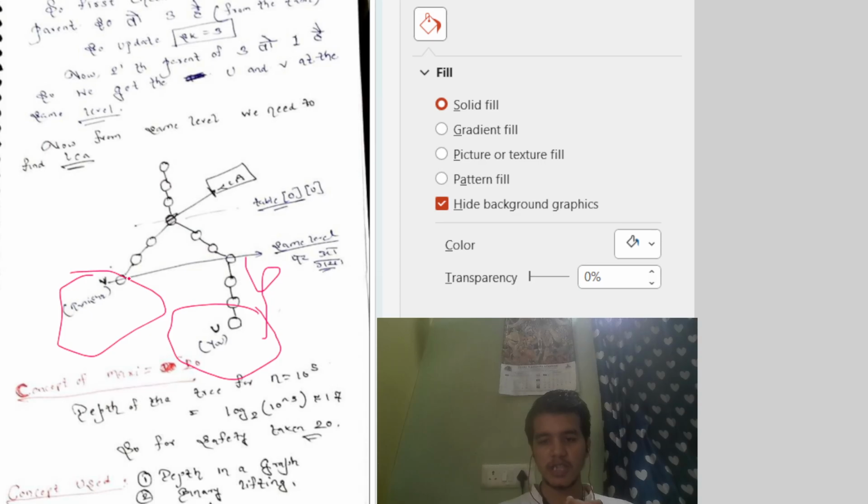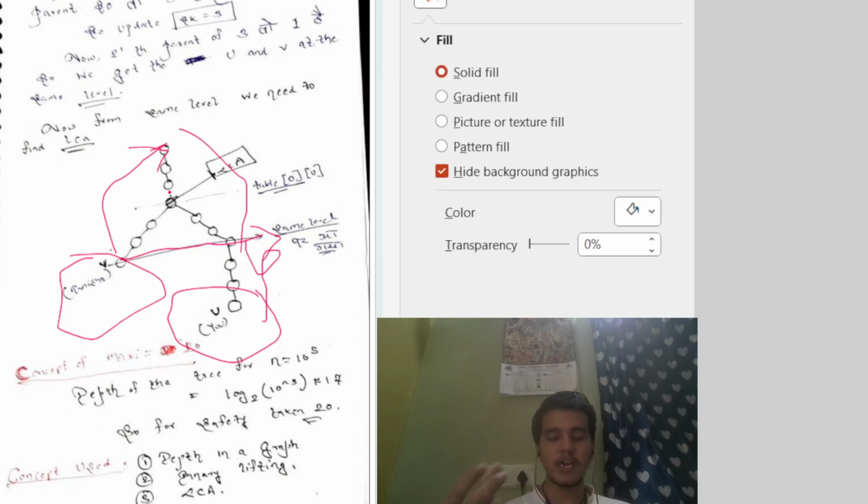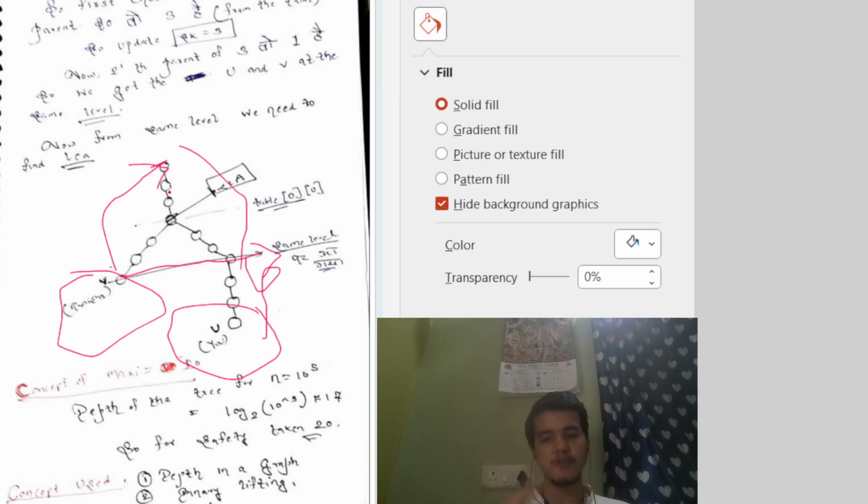So when they are on the same level, from here we will move up in powers of 2, starting from maxi. When their parents are not equal, we will move. And when their parents are equal, we will not move.